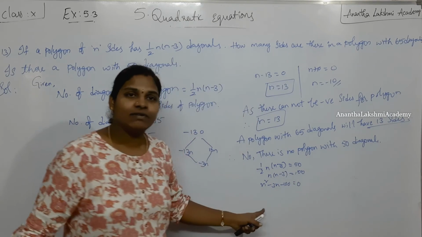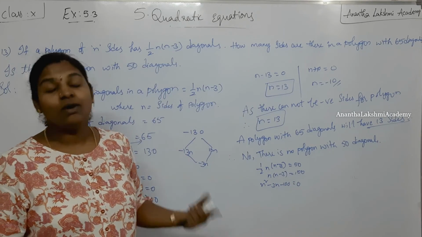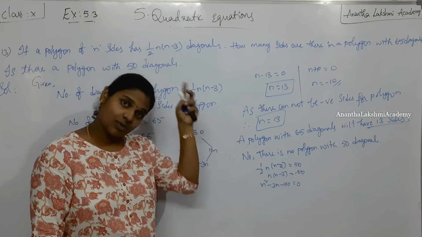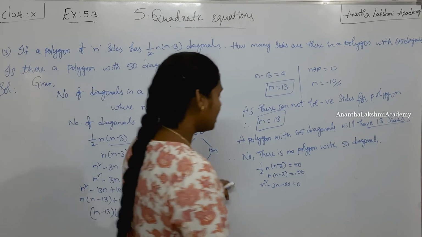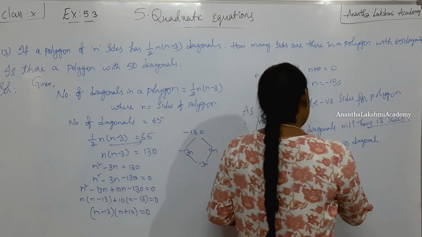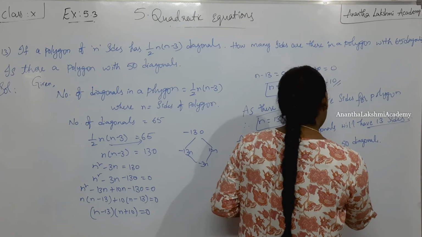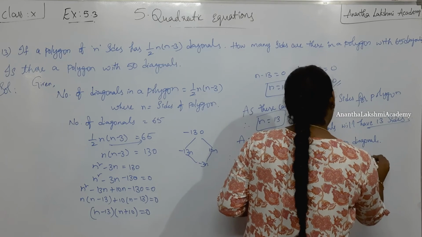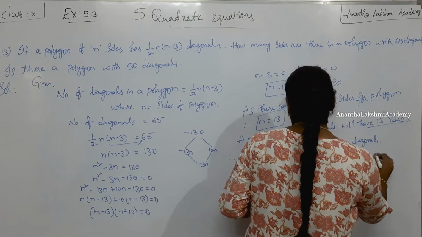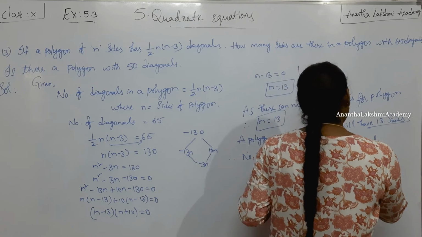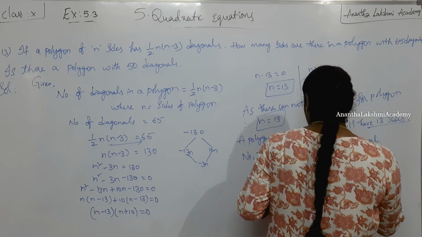Now we come to an equation which cannot be solved by factorization. So using the quadratic formula, we need to figure this out. Even if you try figuring this out by the quadratic formula, this becomes minus b, which is minus of minus 3, plus or minus the square root of b square, which is minus 3 whole square, minus 4 into a into c, all divided by 2 into a.